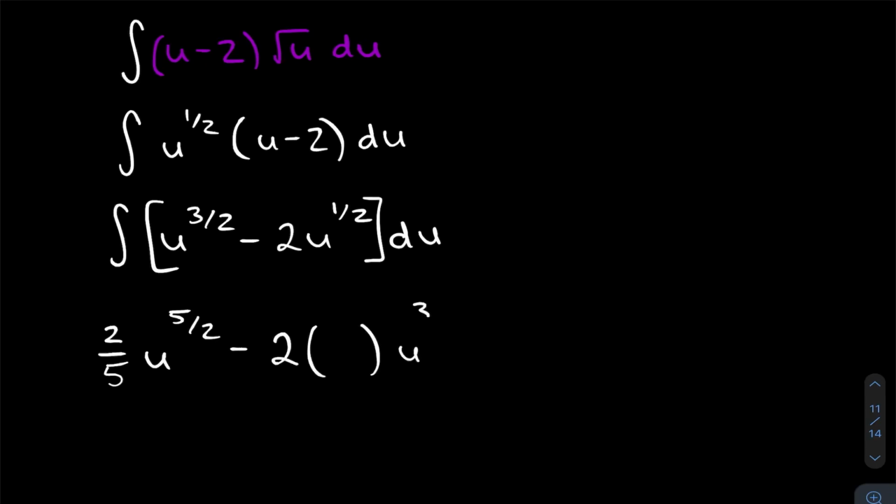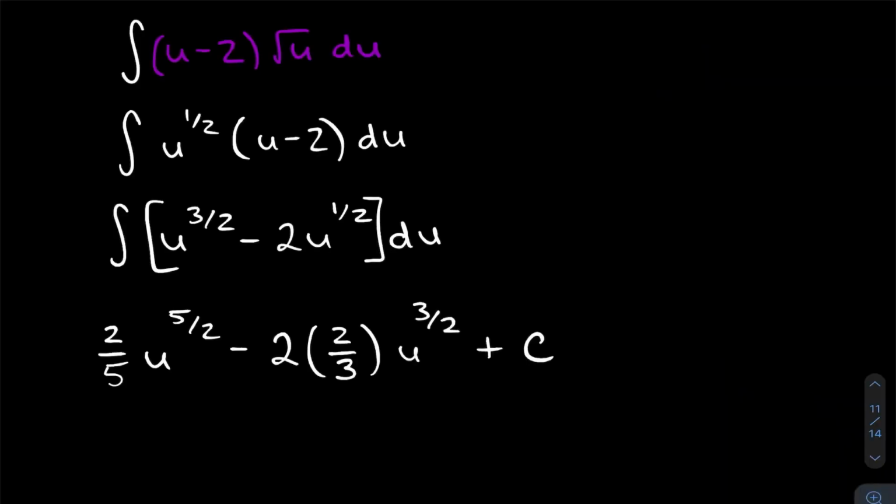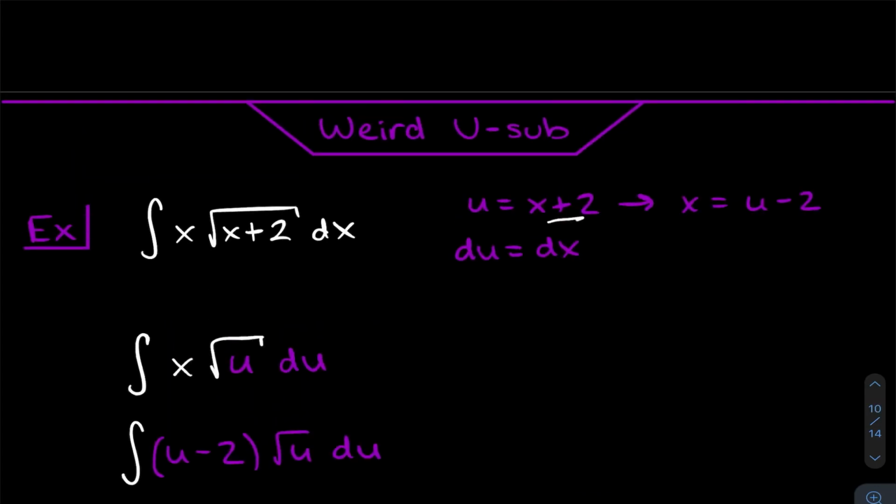That something is going to be this new power here. We add 1 to it, we get 3/2. It's going to be that new power flipped. So this becomes a 2 over 3. And then we add on our c. The last thing to do here, if you forgot, I swear to God, if you forgot this for this problem, I'm going to be mad. No, we're learning here, guys. u is x plus 2.